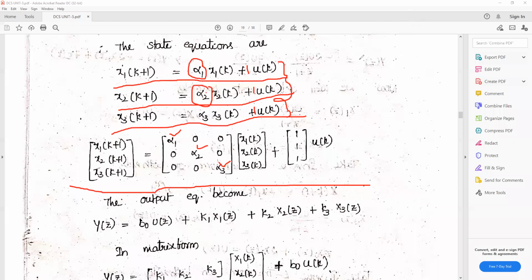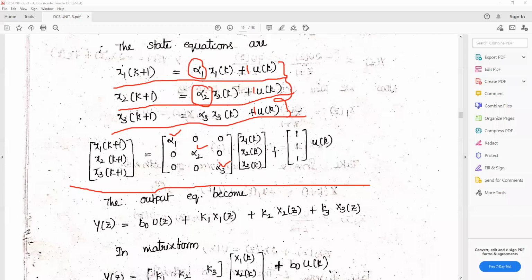In the denominator there are 2 roots, z plus 1 root and z plus 2 root.